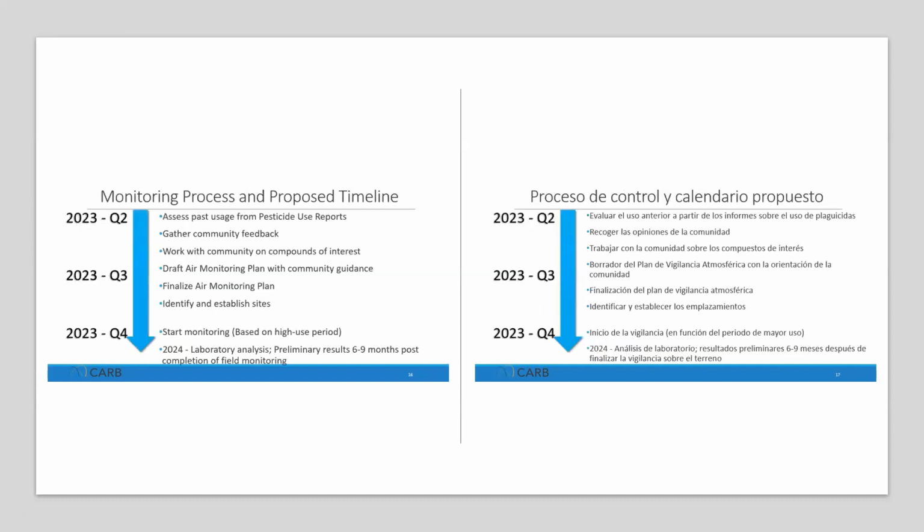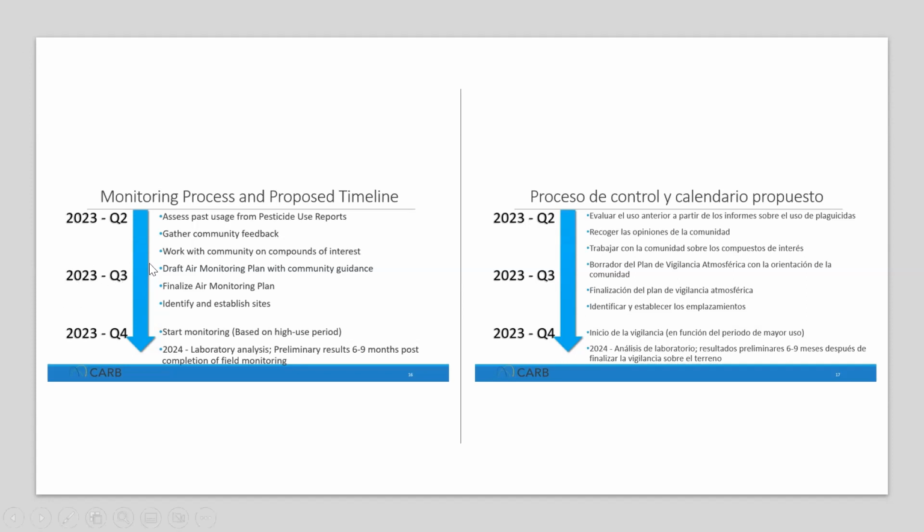For the monitoring process, we're looking first to assess past usage from DPR's pesticide use report, and to gather community feedback. That's where we are now. Then we'll work with the community on narrowing down the compounds of interest, drafting an air monitoring plan with community guidance, finalizing that plan, and identifying and establishing sites within the community.